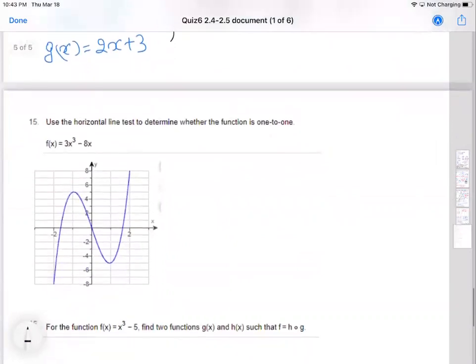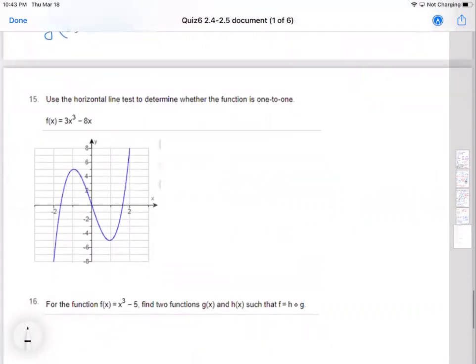Number 15. Use the horizontal line test to determine whether the function is 1-to-1. Oh, this is a good one. For every horizontal line, we're going to look at how many points it intersects the graph. Well, the one I just drew intersects in only 1.